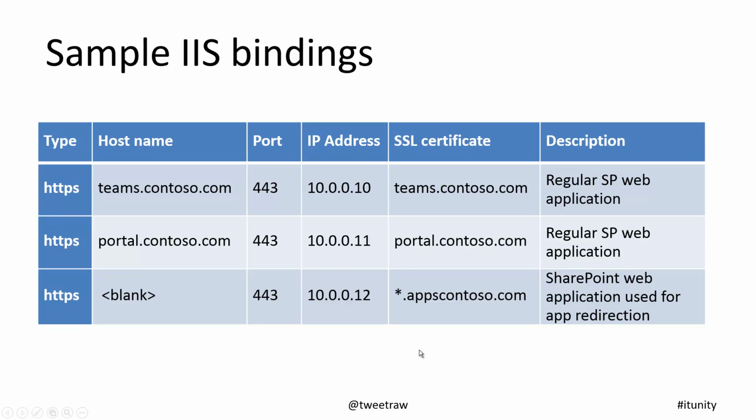In this particular example, I'm using unique IP addresses for every single web application. That's not really a requirement. All you really need is a dedicated IP address for your redirect web app, the one shown here on the bottom. But for consistency's sake, I've chosen to keep each one unique. So Teams has 10, my portal has 11. That's just a sample, and it's pretty close to what I'm doing in my environment.